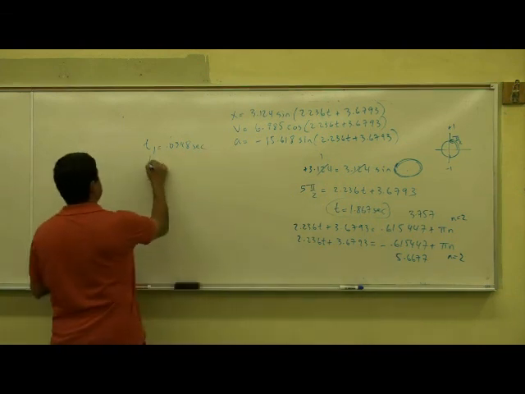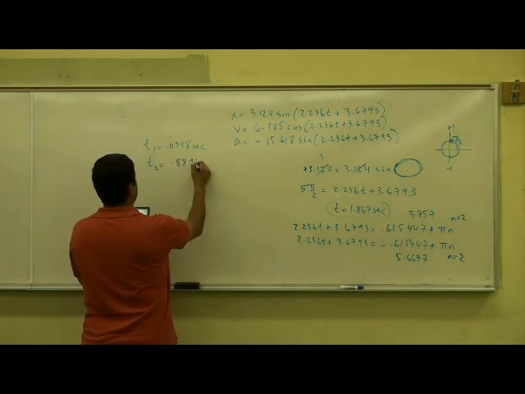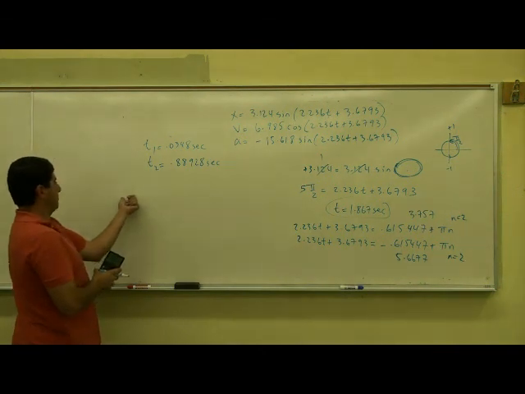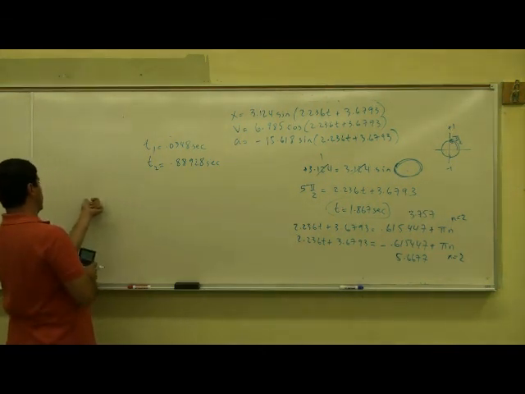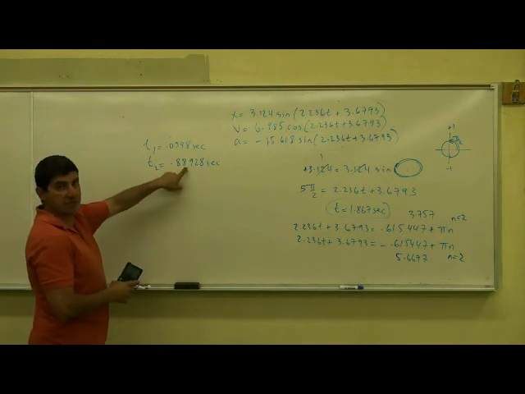So the second time is going to be 0.88928 seconds. So basically, the block was going to the left right away, and then it's going to go compress right away as it comes back. That's the second time when that's going to be satisfied.